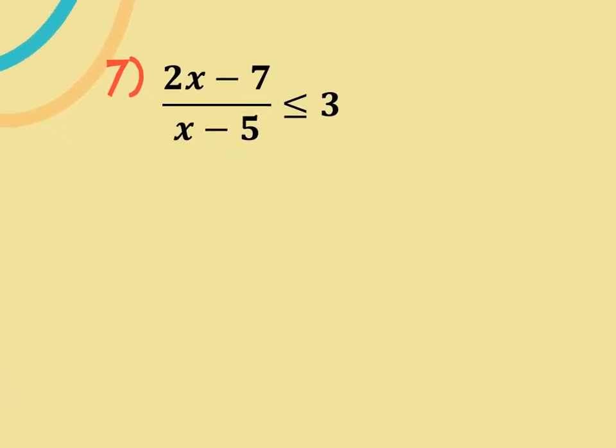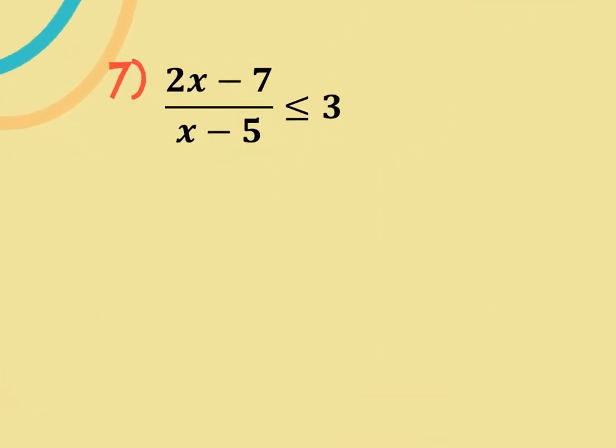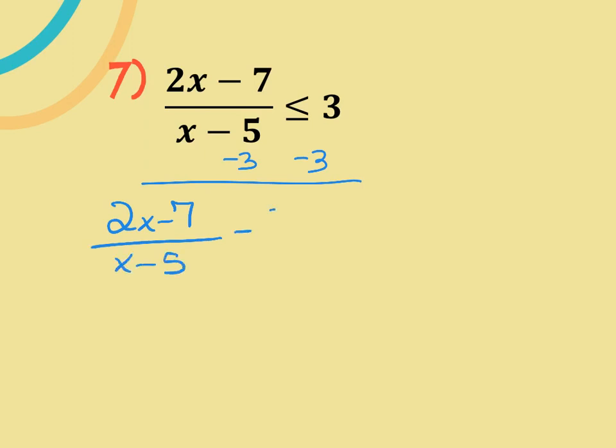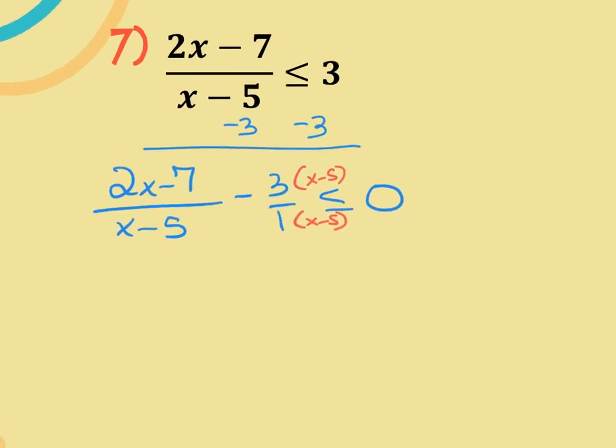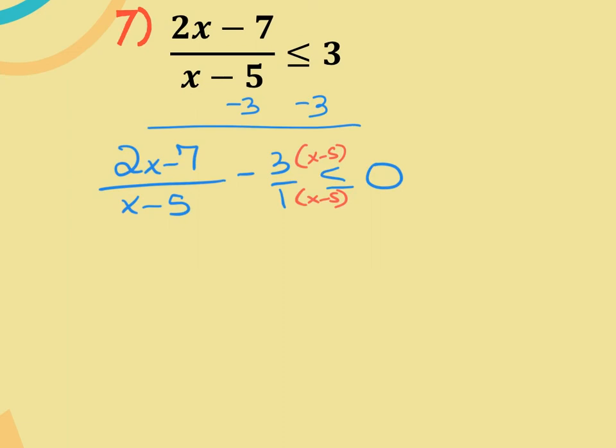So again, I need to get a 0 there, so I'm going to move the 3 over. 2x minus 7 over x minus 5 minus, and I could put 3 over 1. Common denominator here is going to be x minus 5. So this is the only fraction that needs me to add to it. So now it's going to be 2x minus 7.